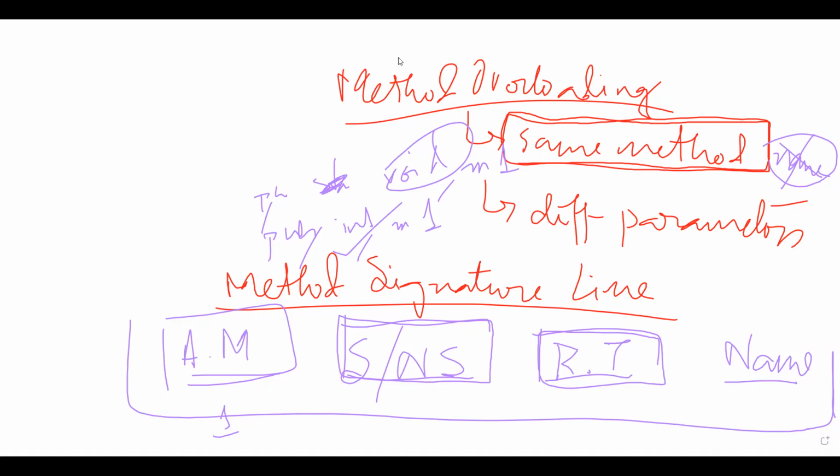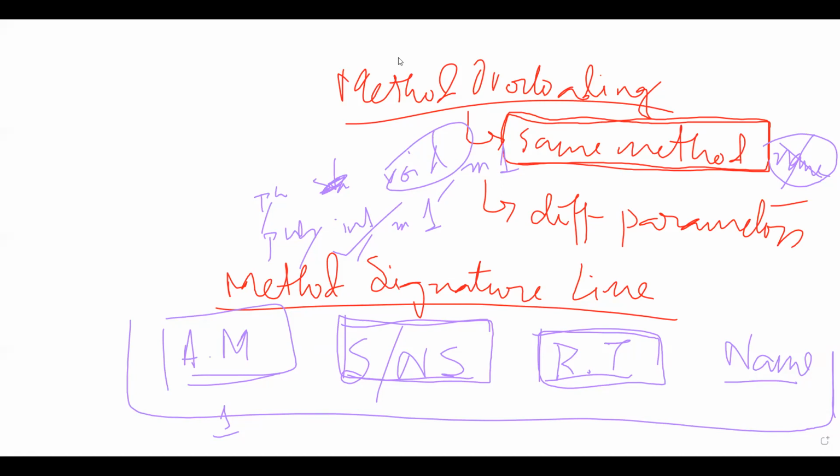No, right? Because I can access the one from anywhere, and I can access the other only in that class. So unless these 4 elements get matched, you can't say the methods are same. You got my point, right? Clear for everyone?